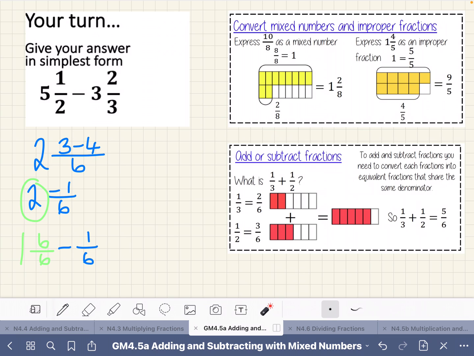So you can see here we only need to borrow 1 from there, which would be 6 out of 6. And because we have the same denominators here, we can combine them to give us 1 and 6 take away 1 over 6, with a final answer of 1, 5 out of 6.